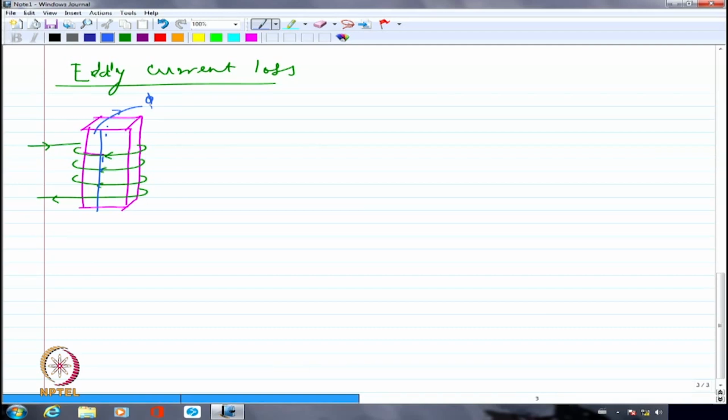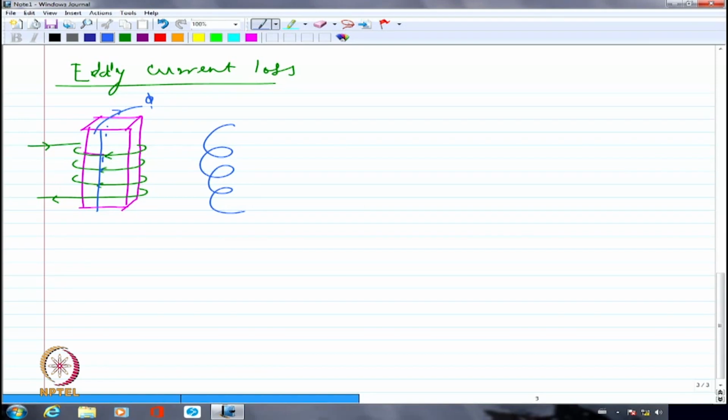Now, the iron or the ferromagnetic material which is used to make the core, that is also not a non-conductor. That is definitely a conductor. So when we say that we have probably another winding wound on another side, maybe I have another limb of the core, I'm going to have some induced EMF, and if I connect the load, it will have an induced current. That is what is transformer action.